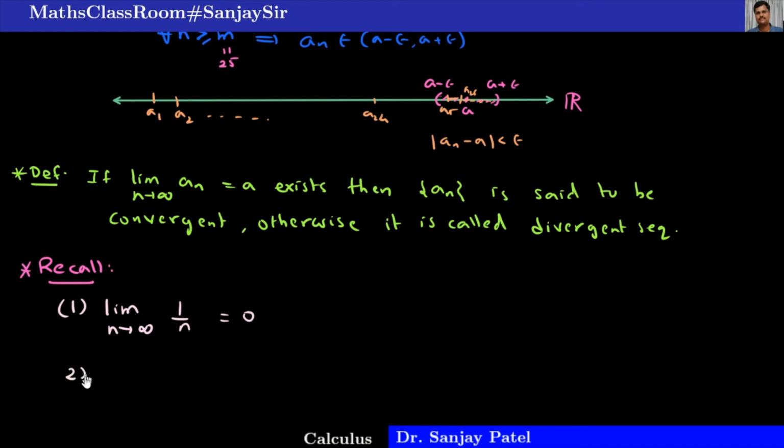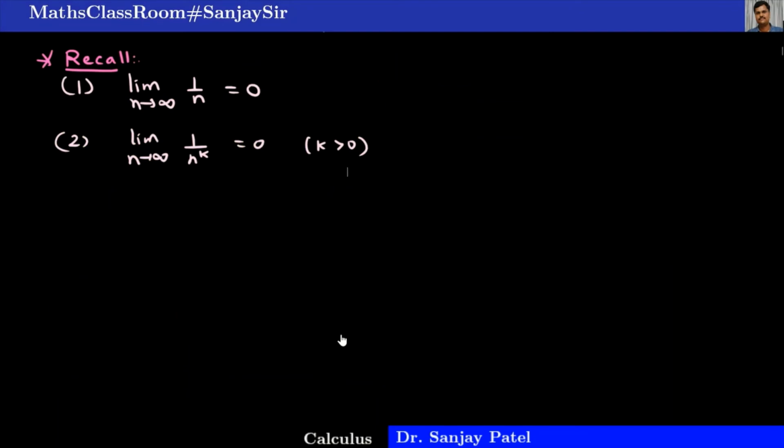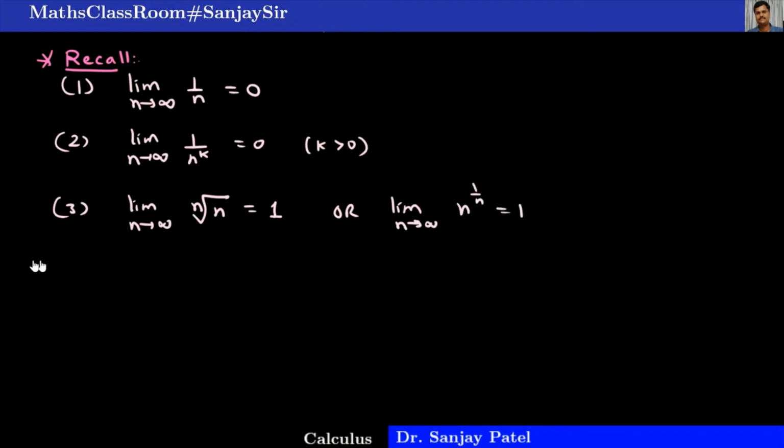And the second result is limit n tends to infinity, 1 upon n raised to k is equal to 0 if k is positive. Number 3, another useful result, limit n tends to infinity, nth root of n is 1. You can write this way also, limit n tends to infinity, n raised to 1 upon n is equal to 1.